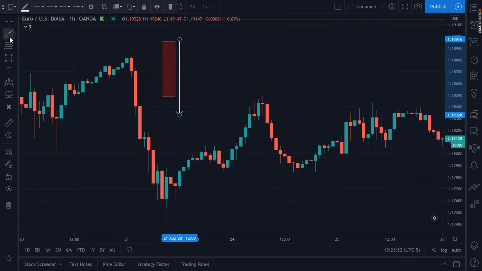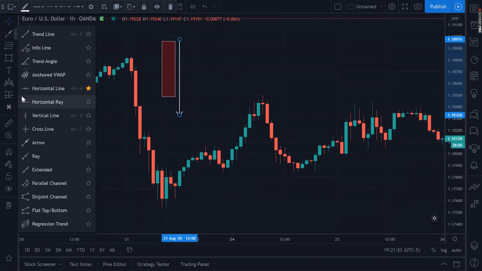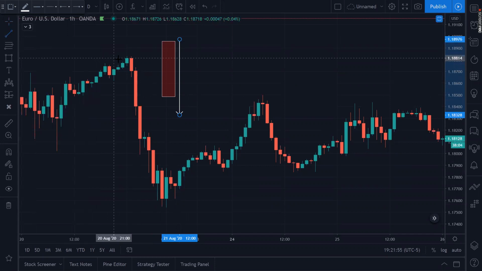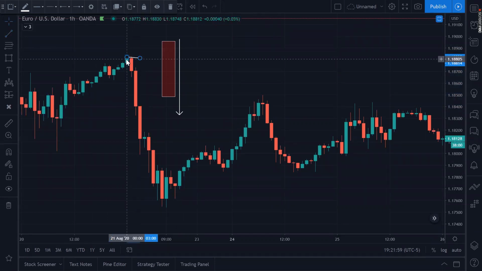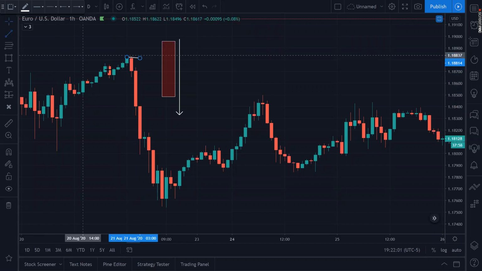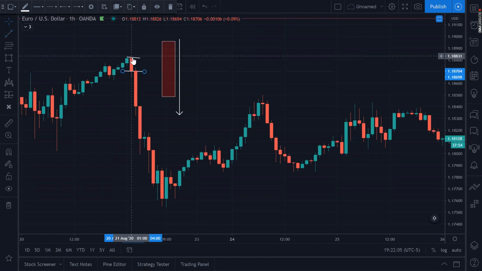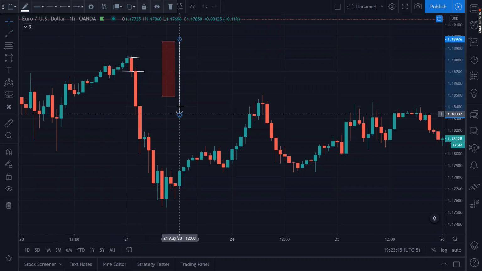So with that being said, that means that this candle opened here, and closed here. There's one candle. Open, close. Look at your notes. Open, close. Okay. So it moves down.